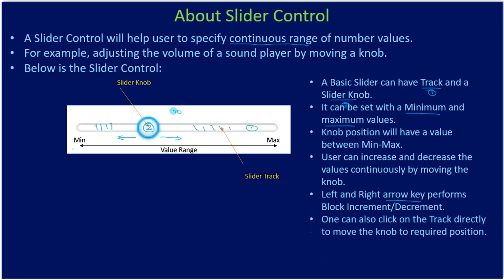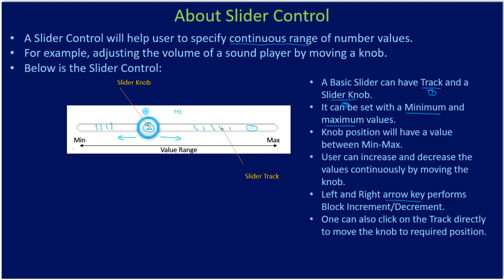One can also click on the track directly to move the knob to the required position. So for example, you can click here so that the knob will directly move to that location, thereby producing the value for the present location. In this case, the value will not get produced linearly. You will see a jump in the value.